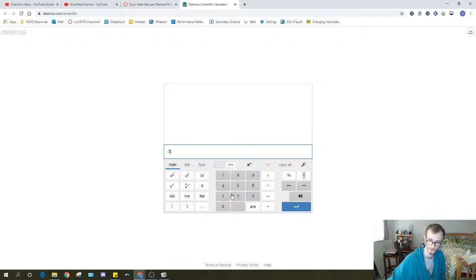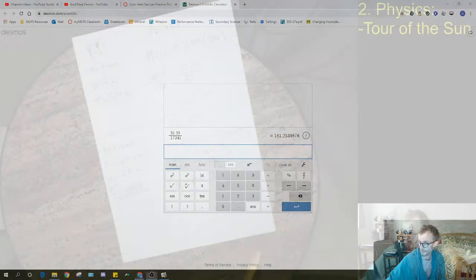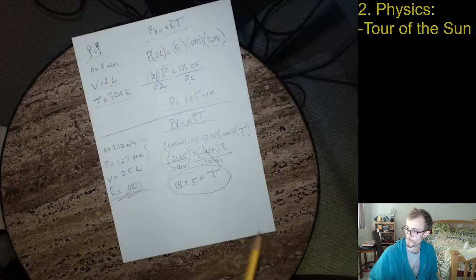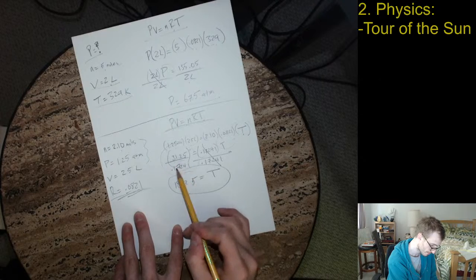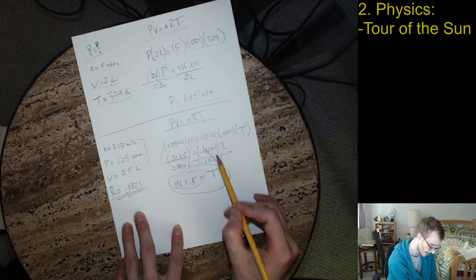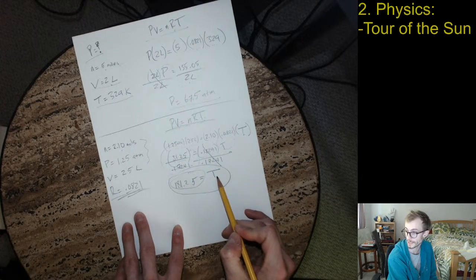I'll just do 31.25 divided by 0.17241 and put it in my calculator, and it gives me 181.25. So if I pop back over to my paper, I just took this number divided by this number. On this side, everything else canceled, so I was just left with T.